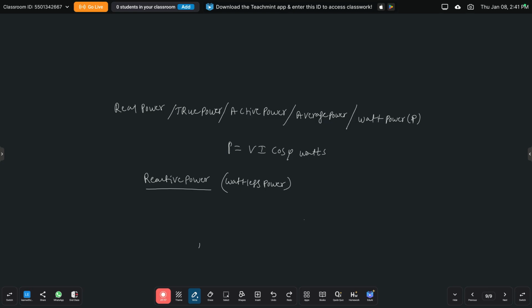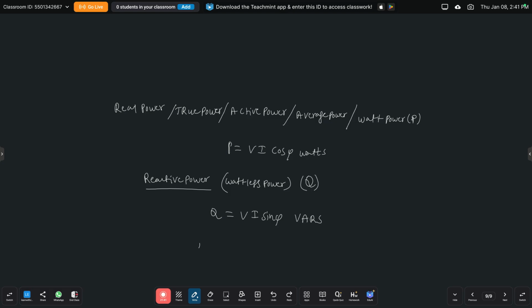Now how do you define the reactive power? The reactive power is notated with Q, the product of RMS value of voltage and current with the sine of the angle between them is called the reactive power. That is Q is equals to VI sin phi. The units are vars.